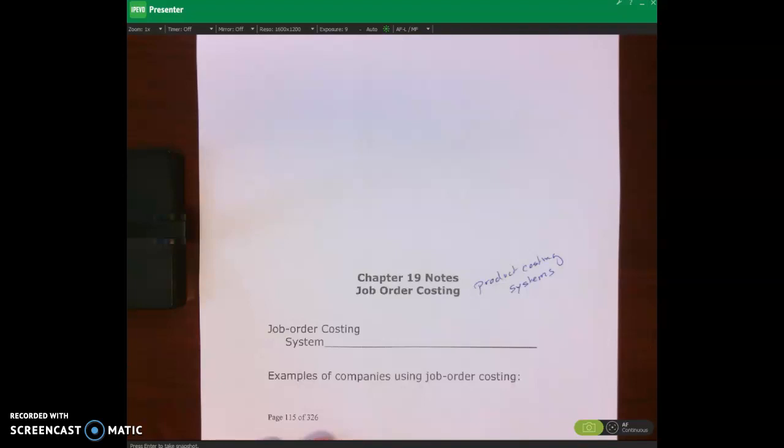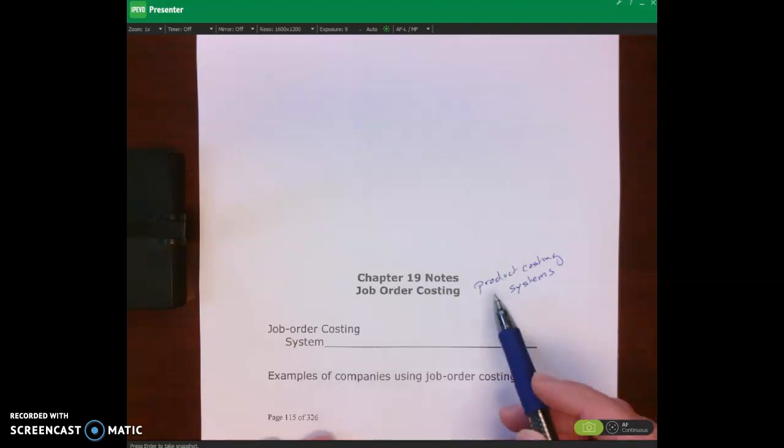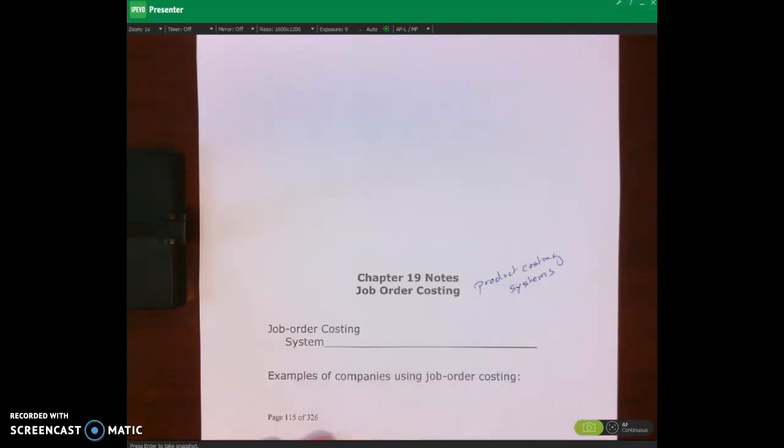In more detail, how do we track materials, labor, and overhead for the products that we make?